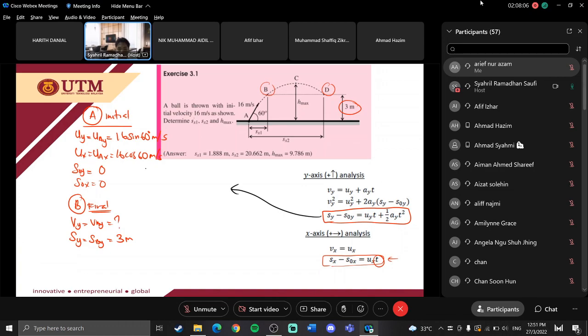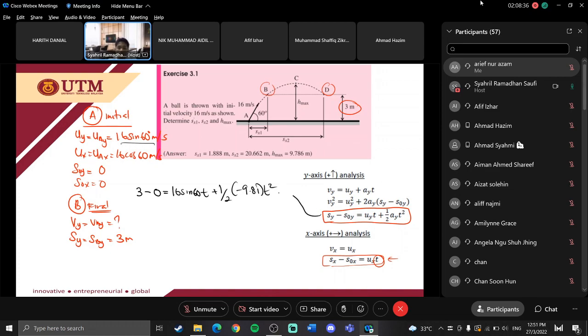Sy is 3 minus s naught y 0 equal to uy, 16 sine 60 times t, plus half ay, which is negative 9.81, times t squared.